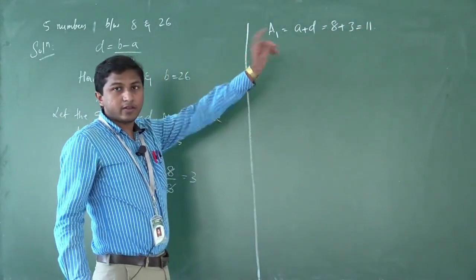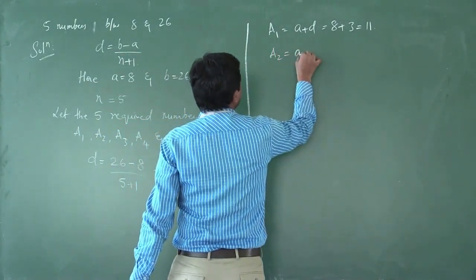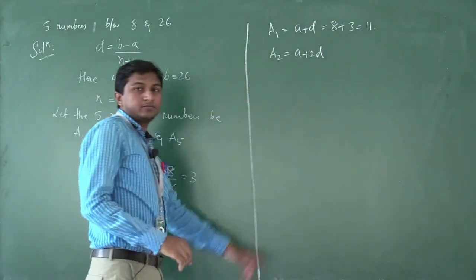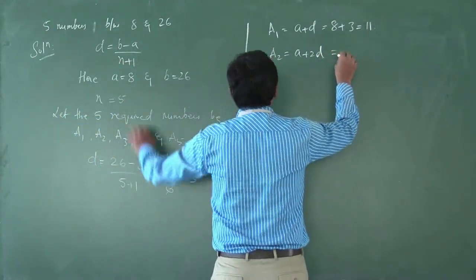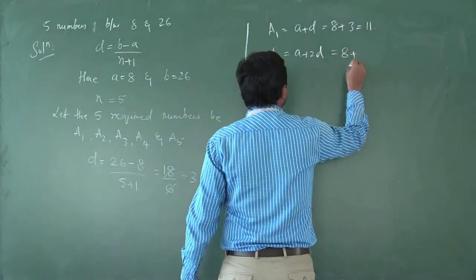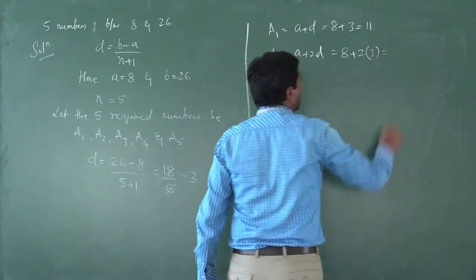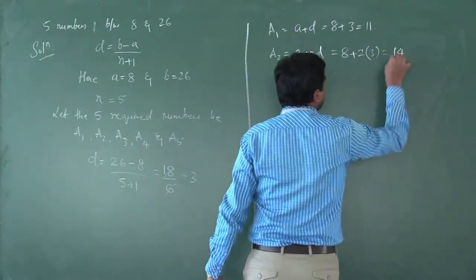So A1 is 11. What is A2? A2 is a plus 2d. A value is 8 plus 2 into d value 3. So 8 plus 6, it is 14.